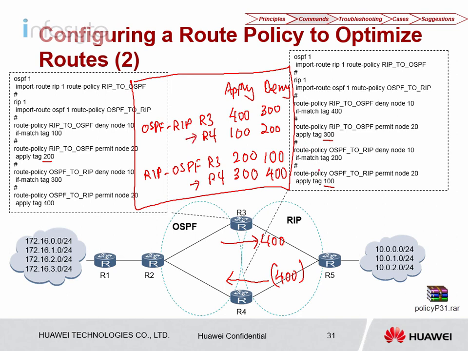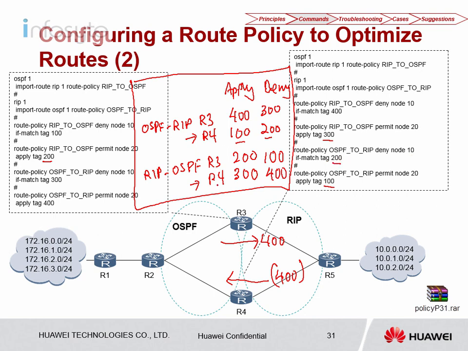Now as you can see from here, on router 4, we are going to apply 100. So you can see route policy OSPF to RIP permit node 20, we apply the 100. And here we actually deny 200. So route policy OSPF to RIP deny node 10 if it matches a tag of 200.